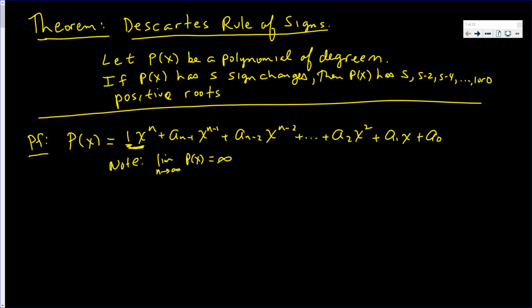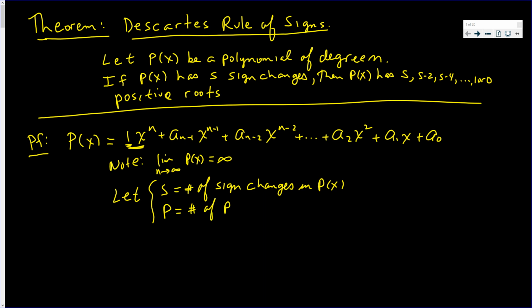So some notation. Let s equal the number of sign changes in p of x, and p is equal to the number of positive roots.